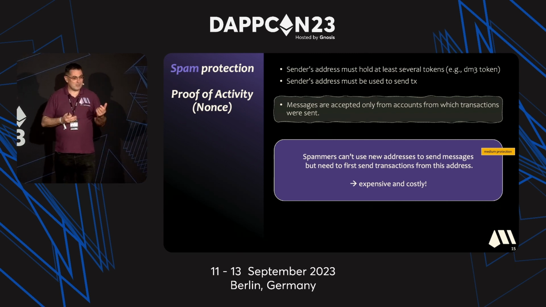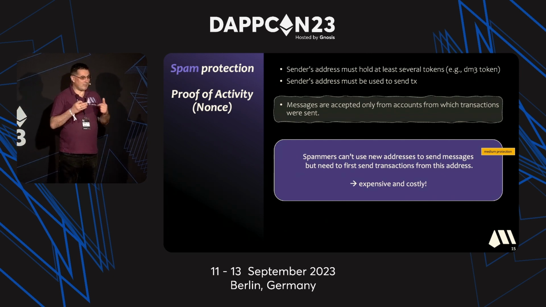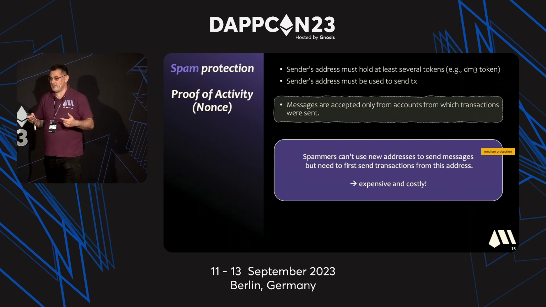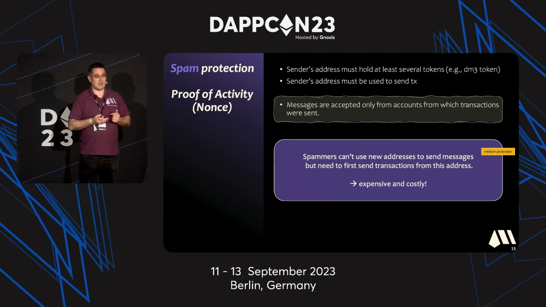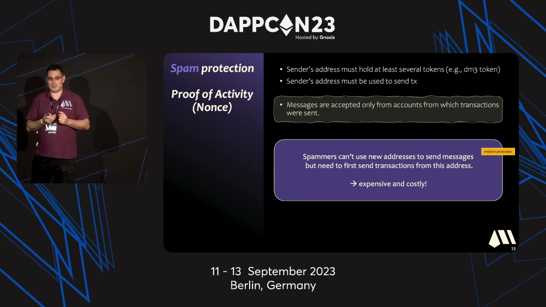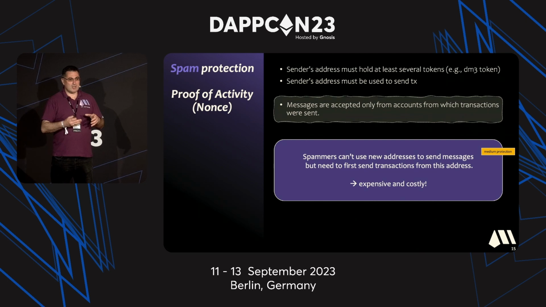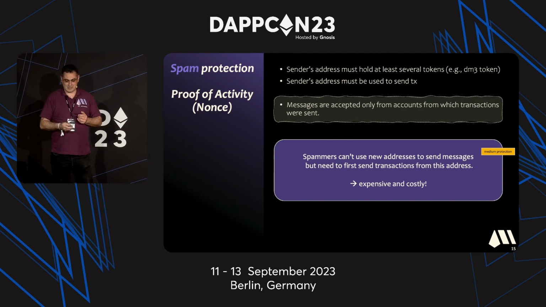That means only used addresses are able to send messages. That makes it very expensive for spammers. If they want to generate a lot of new addresses, they have to do transactions with the addresses before they can use them for spam, which is a good barrier. We call it medium protection. It helps to prevent spammers from easily generating new addresses.